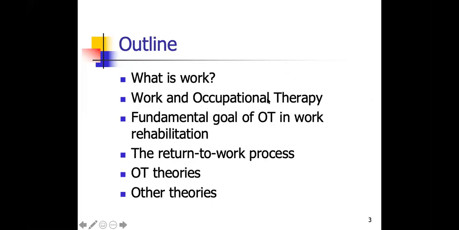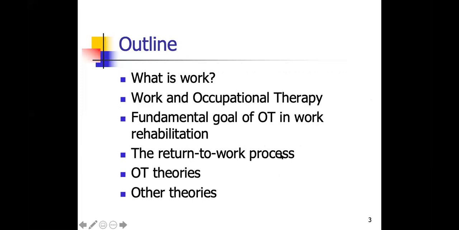This is outline. What is work and OT. Fundamental goal of OT in work rehab. The return to work process, OT theories and other theories. So as an OT, we also need to understand and recognize other theories.